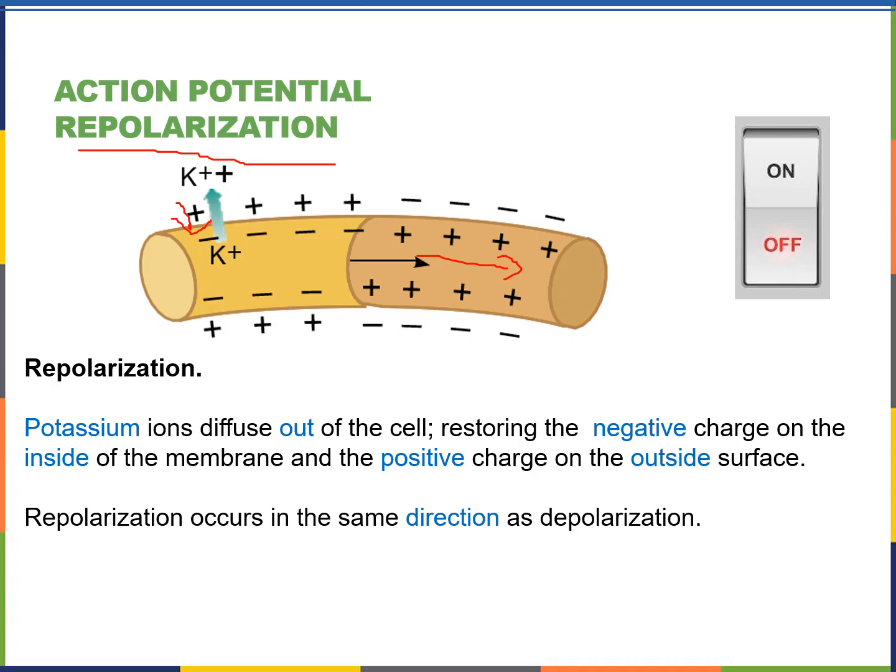Now potassium ions diffuse out of the cell. So depolarization is sodium ions moving in. Repolarization is potassium ions moving out.